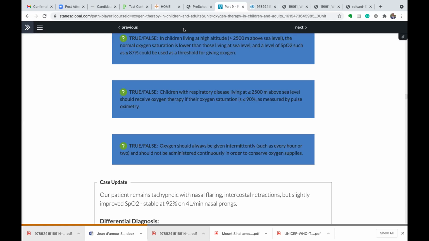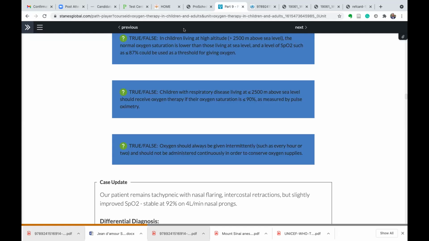Yes. Actually, I do agree with most of the differentials they mentioned, but the less likely is COPD because COPD is not common in children of such age.